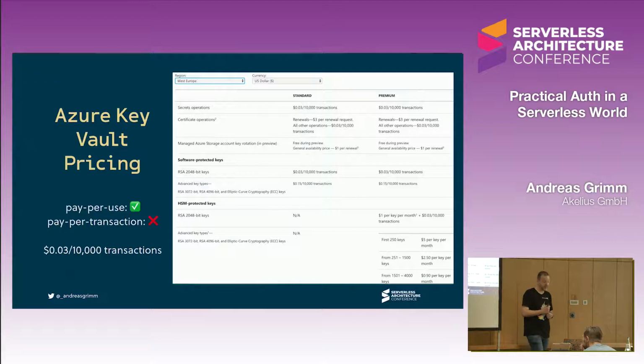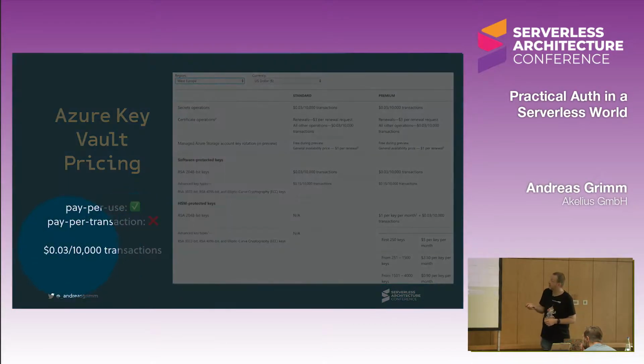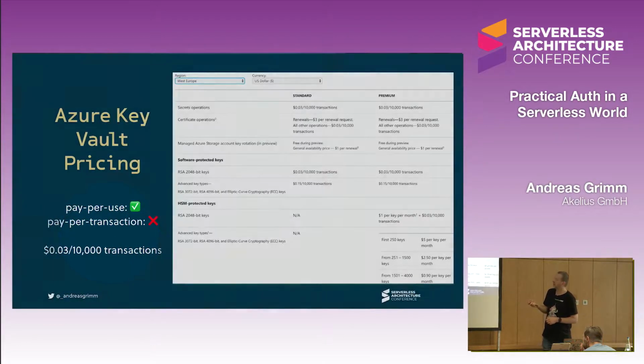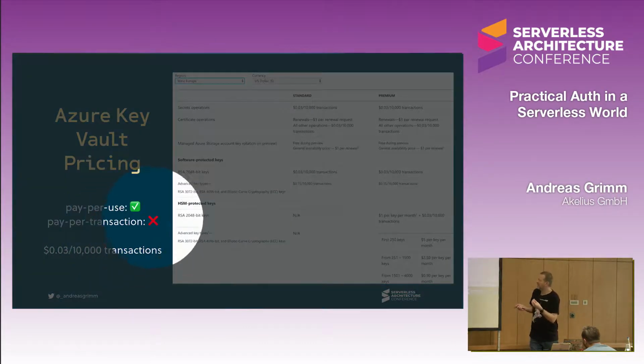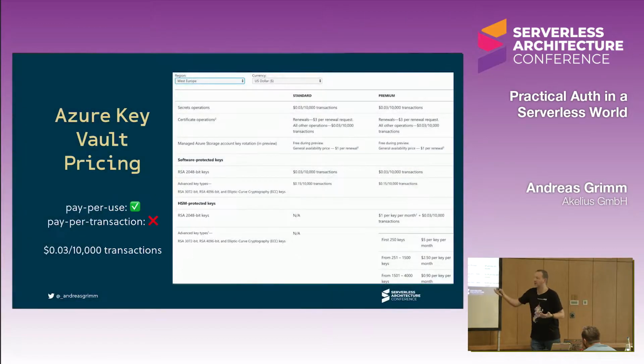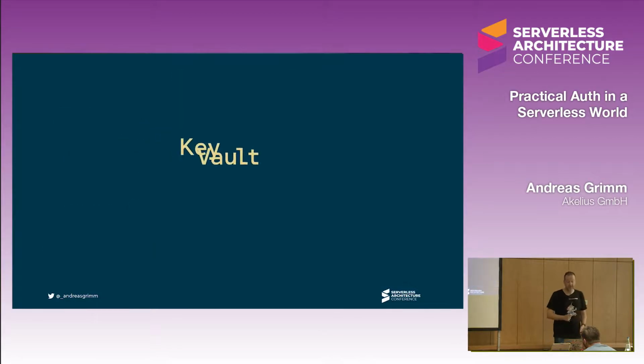Let's look at the pricing. Oh, it's pretty decent. It's just $3 for 10,000 transactions. So this is not pay per each single transaction, but still, it's cheap enough that those ranges are acceptable.